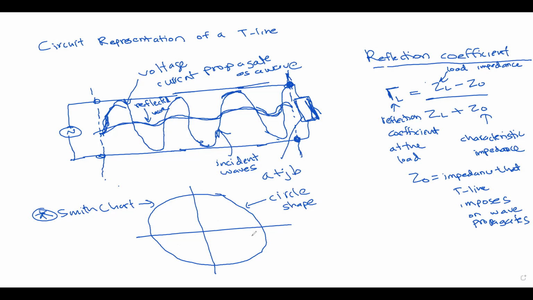Apart from that, we can find the reflection coefficient that happens in the transmission line. If we know the reflection coefficient, we can denote it in this Smith chart.